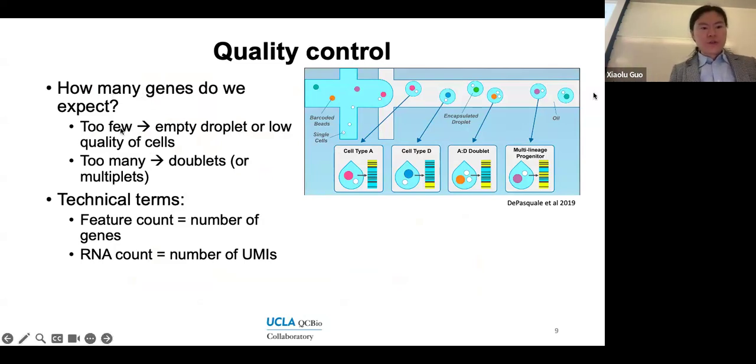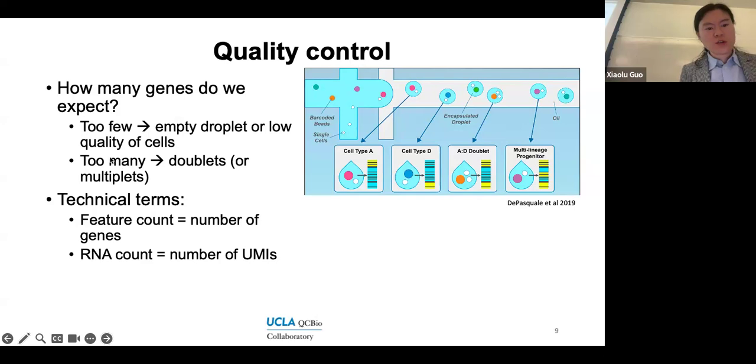If there are too few genes or too few counts, it either means an empty droplet, which didn't capture anything, as we mentioned yesterday, because although it's well controlled, there is still some probability of capturing nothing, or it means low quality cells. As shown in the dropout slides, there might be a lot of dropouts in that cell. So we don't want those cells.